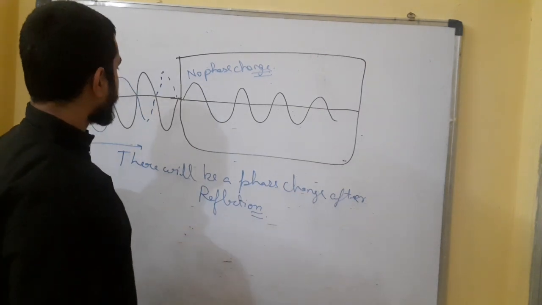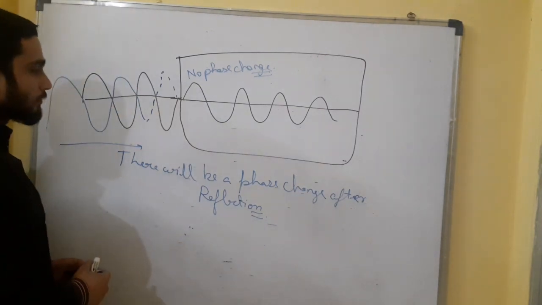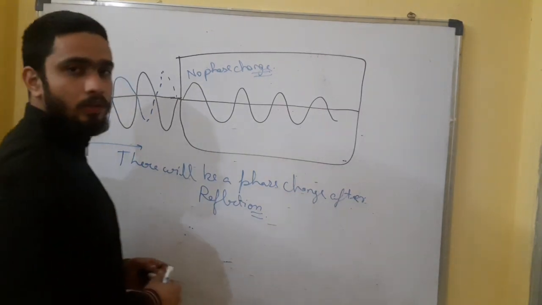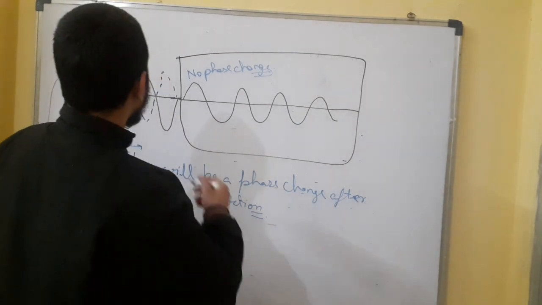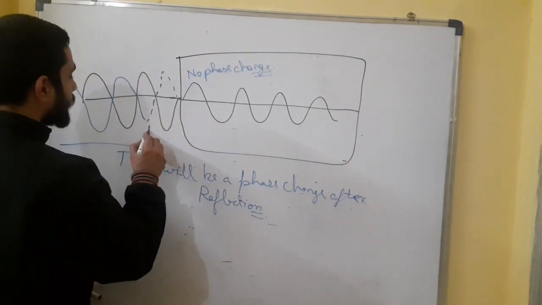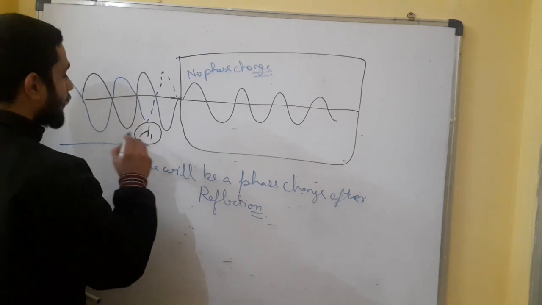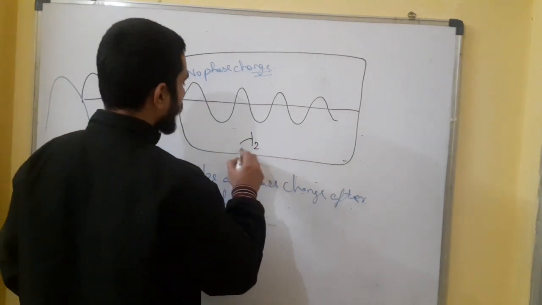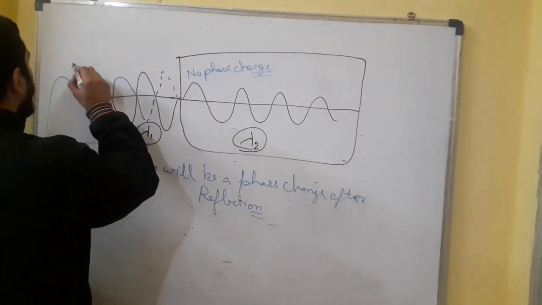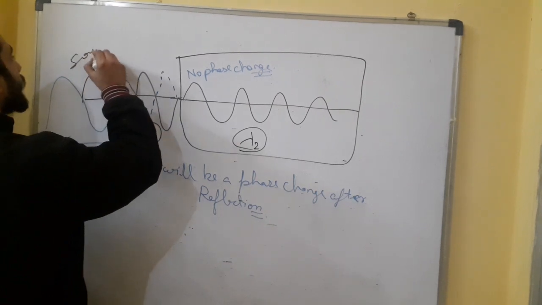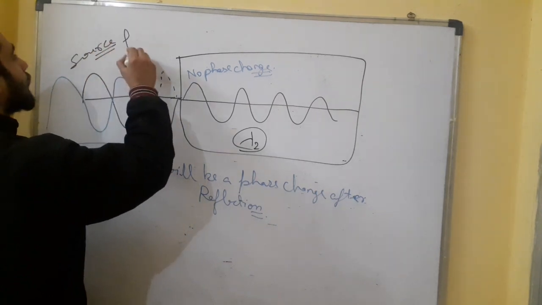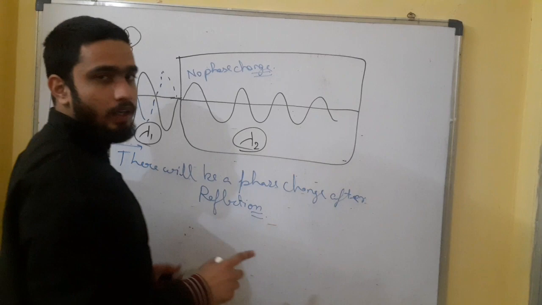Suppose the wavelength is lambda 1 here, lambda 2 here, and the source has frequency f. The frequency will never change.